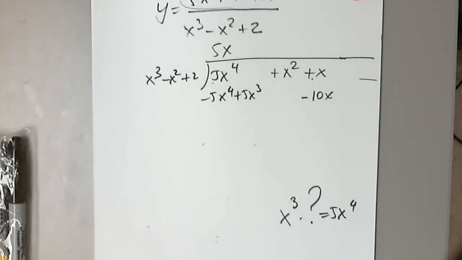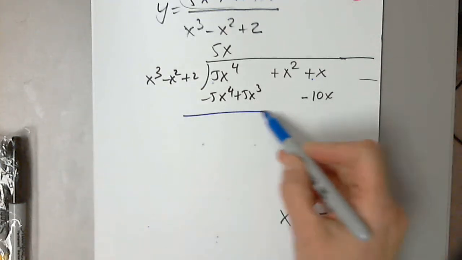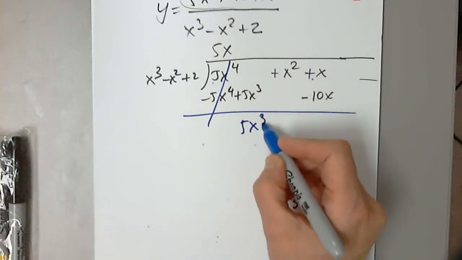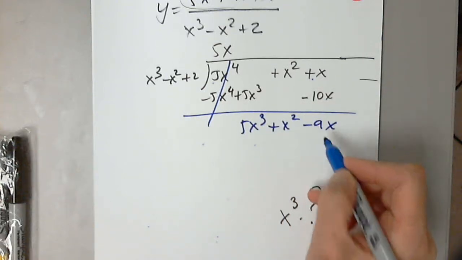Be careful. So 5x times x cubed is 5x to the fourth, subtract. 5x times negative x squared is negative 5x cubed, subtract. 5x times 2 is 10x, subtract. But it has to be under x, placed under like term. Gone, 5x to the third plus x squared minus 9x.